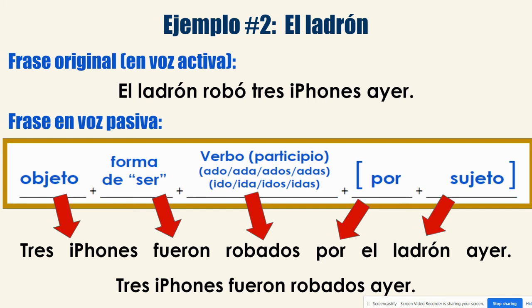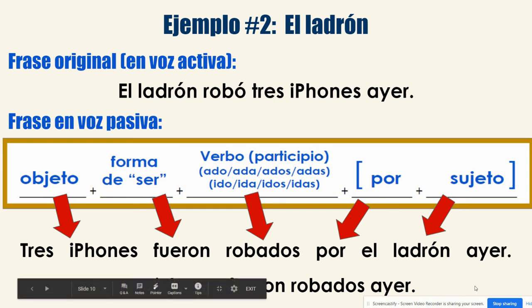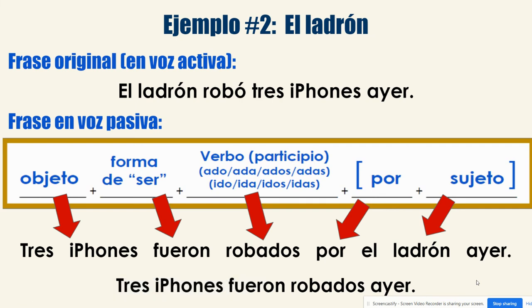Okay, 3 iPhones were stolen by the thief yesterday. Now, I'm focused on the fact that the iPhones were stolen, not necessarily that it was the thief who stole them. So I can even get rid of that last part here in the brackets. This part is optional. And as soon as that little bar at the bottom goes away, you can see the shortened version. Tres iPhones fueron robados ayer. 3 iPhones were stolen yesterday.